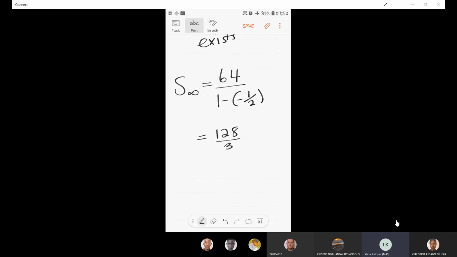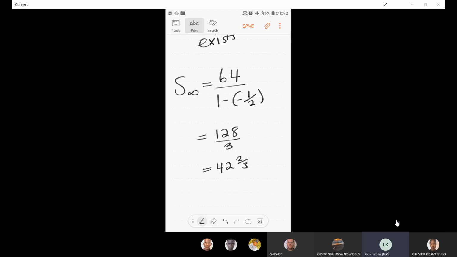Okay, and it's interesting that this 128 over 3 is 42 and 2 over 3, which is even smaller than the first term. And the reason is because some of the terms are positive, others are negative, so they take away from the entire sum.